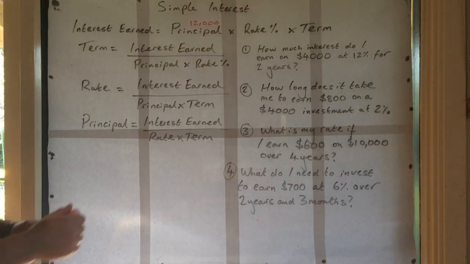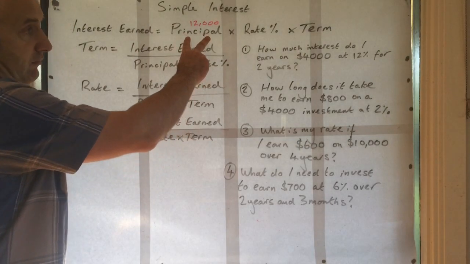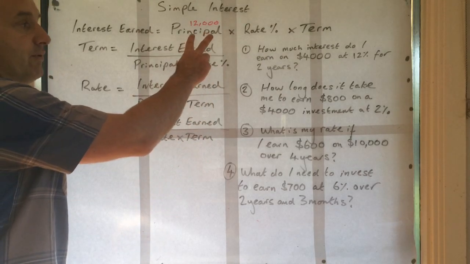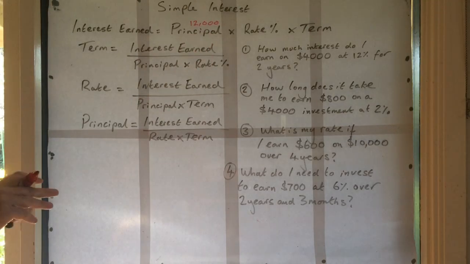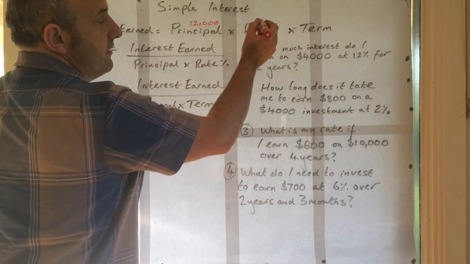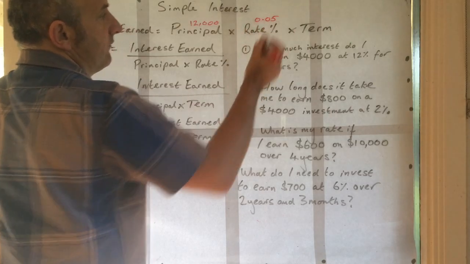Say, for example, you invested your principal. If you had $12,000 and you put it in a bank account, that would be the principal. Then you'd say, surely I'm going to earn some interest on it. Well, you might earn, say, 5%. Now, 5% is 0.05.